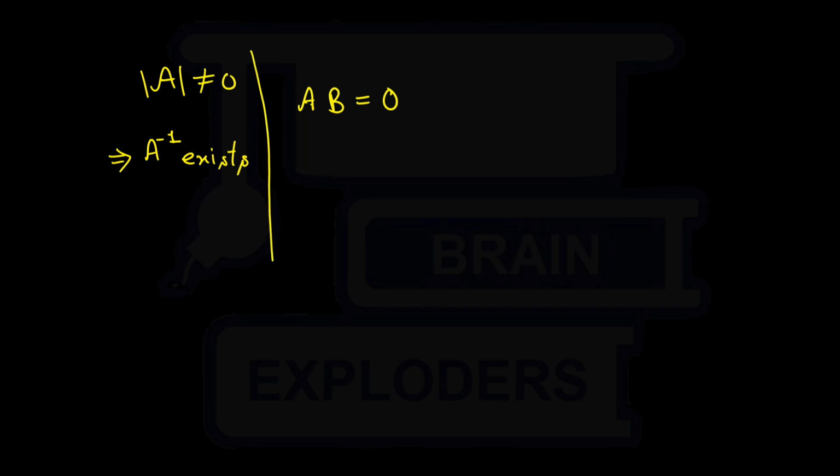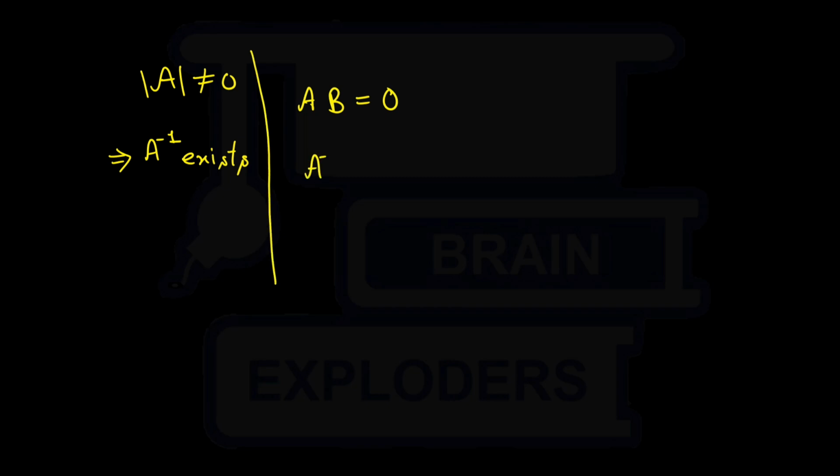Here, suppose the determinant of A is not equal to 0, meaning it is a non-singular matrix, and we have the product of two matrices as 0. Now since the determinant of A is not equal to 0, it implies that A is invertible and hence A inverse exists, right?